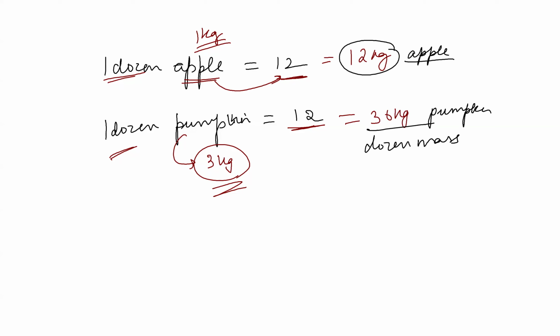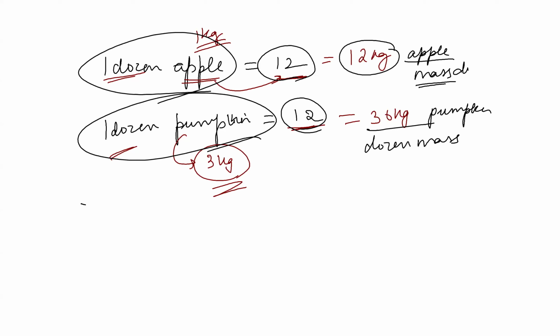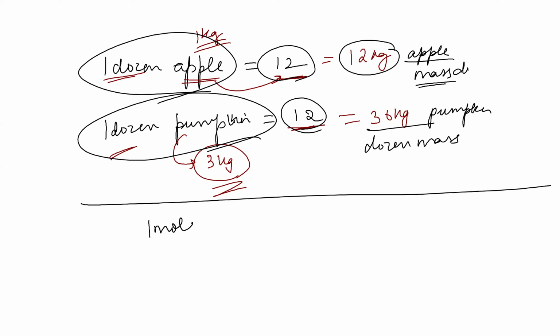The mass changes. Why? Because of their size. But does the number change? Does the 1 dozen value change? No. What I'm trying to tell you is that if you take 1 mole of sodium and 1 mole of CO2, and quantify them, it's 6.022 into 10 raised to the power 23 for each.